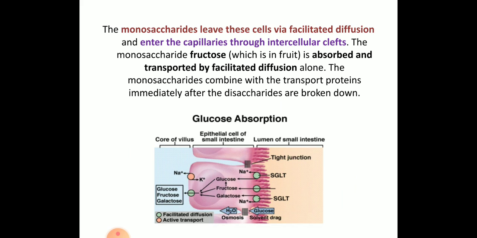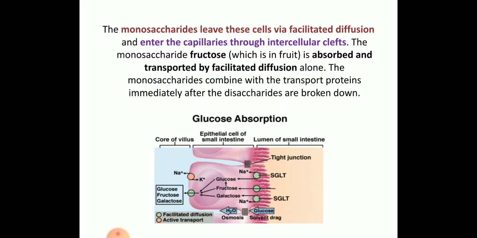Here in this picture you can see how the SGLT, the sodium dependent glucose transporter, the carrier protein, has two binding sites, for glucose and sodium.